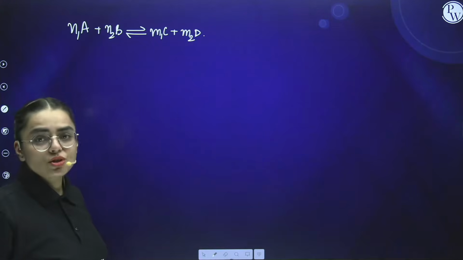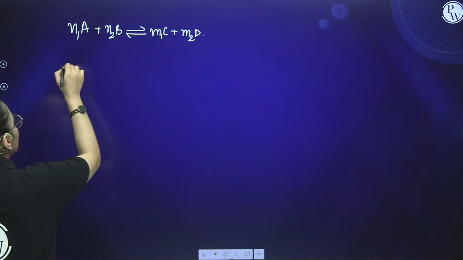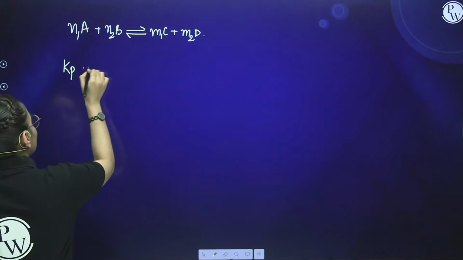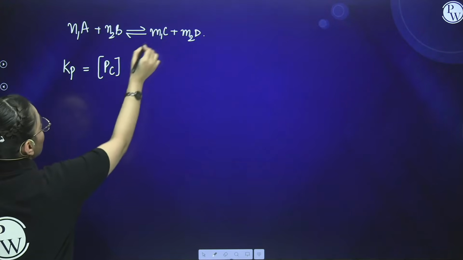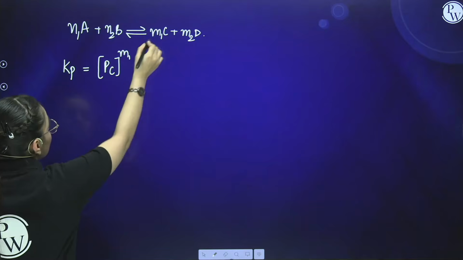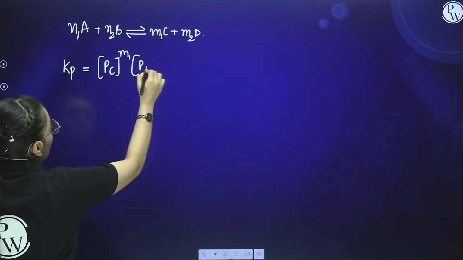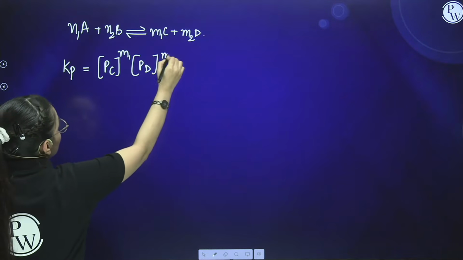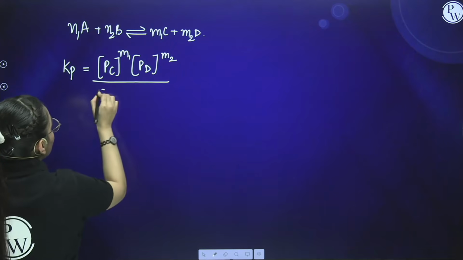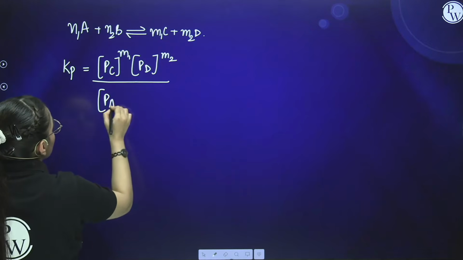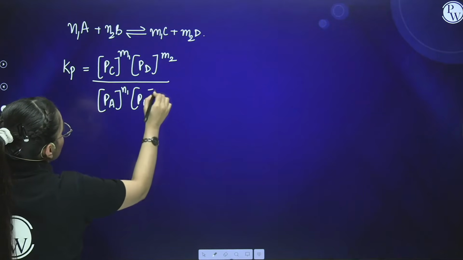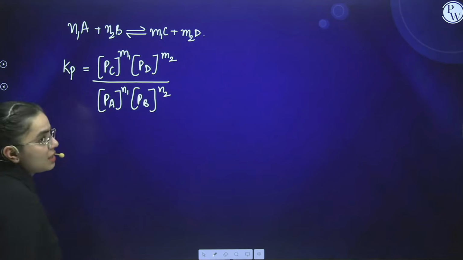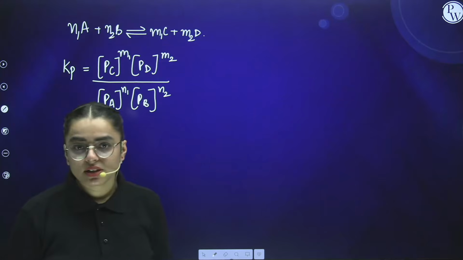For this situation, what is going to happen? First of all, we are going to write the expression for Kp. It is going to be partial pressure of C, but now the power will be the number in front of it, that is M1, into partial pressure of D, power M2, divided by partial pressure of A, the power being N1, into partial pressure of B, the power being N2. This is the expression.